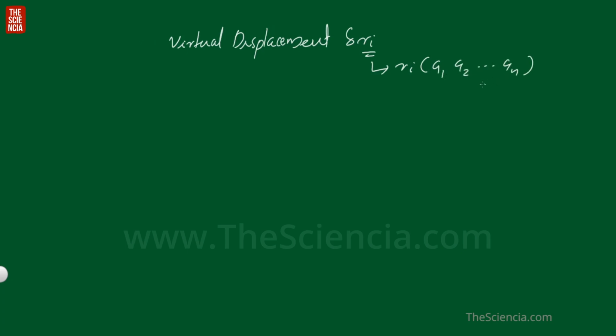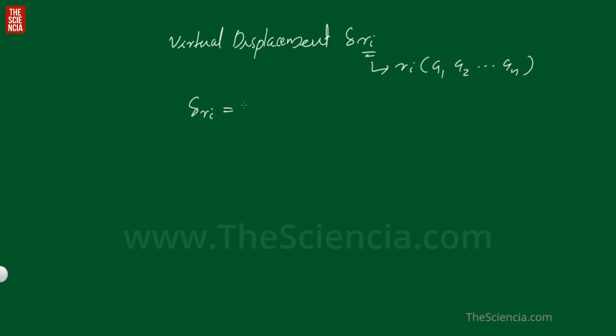Next we discuss virtual displacement. That is delta Ri, and we know this Ri is a function of q1, q2, q3, etc. qn. Okay, so what will be delta Ri?